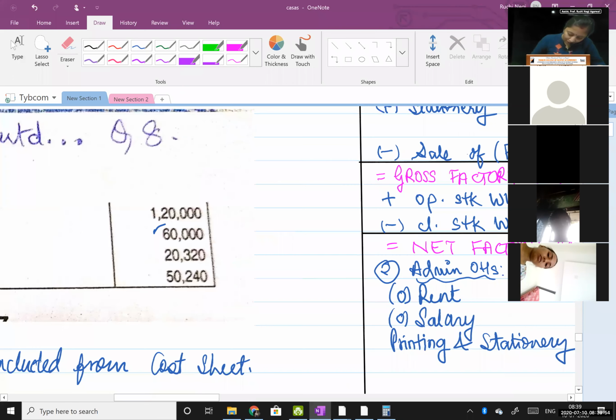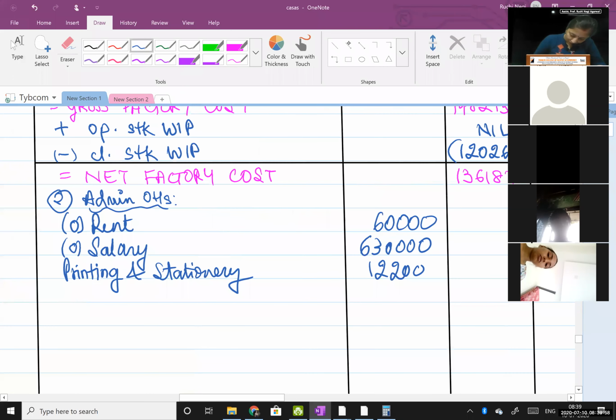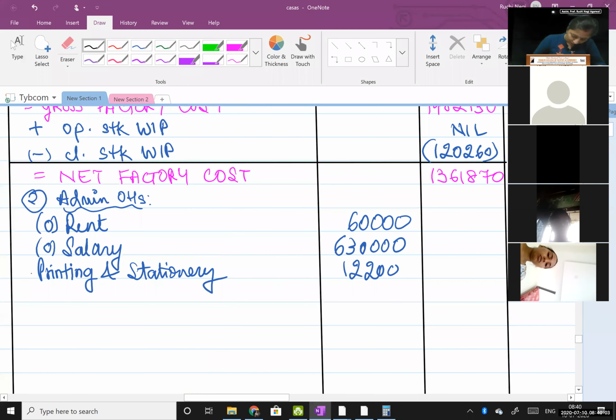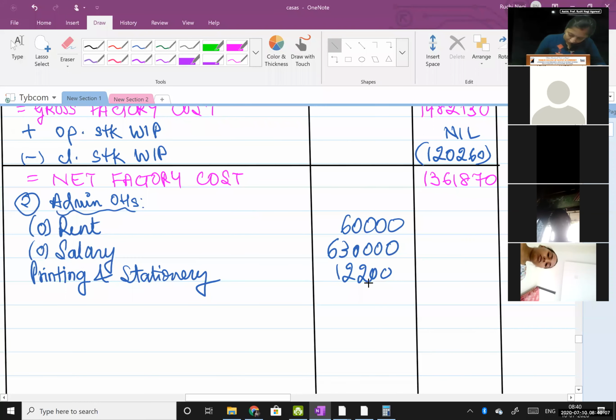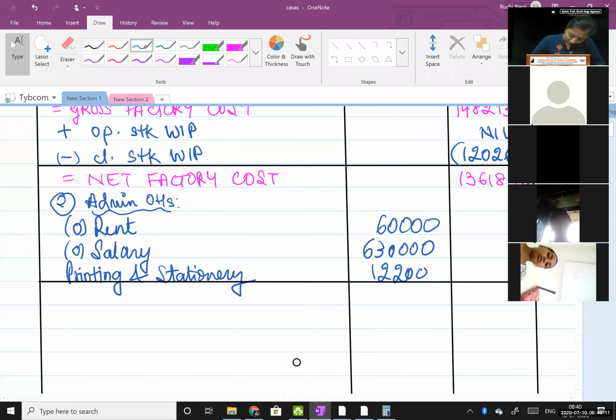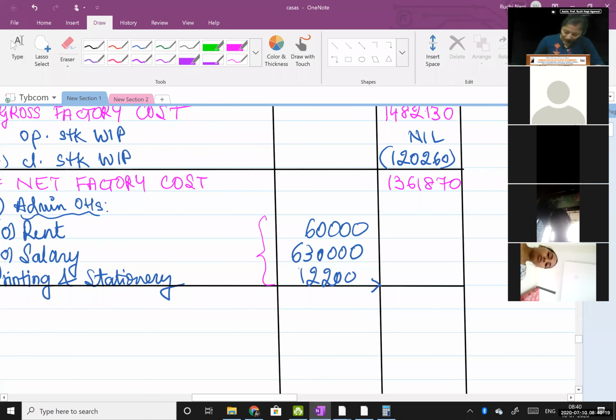So take the total in the outer column. Total this: 60,000 plus 6,30,000 is 6,90,000.